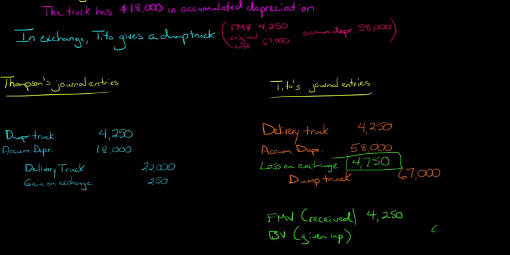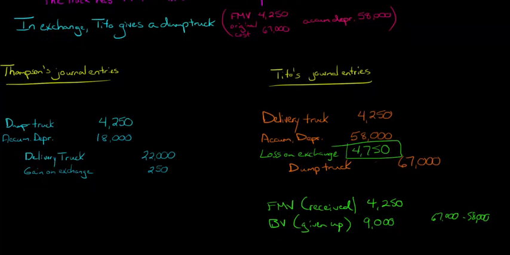So $67,000 minus $58,000 is $9,000. So Tito is getting something with a fair market value of $4,250, but giving up something with a book value of $9,000. And so if you subtract the book value from the fair market value, you actually get a negative number, negative $4,750, and that is the loss on the exchange.